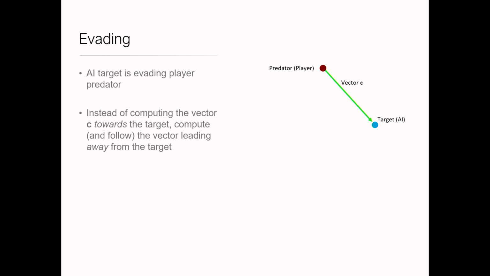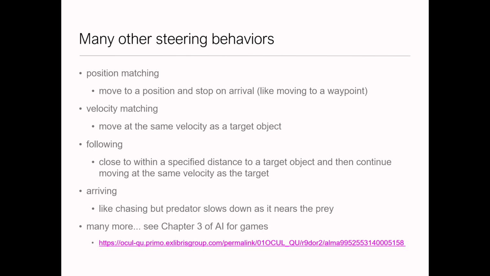If the predator is slower, then the prey is guaranteed to get away. Zigzagging, again, that's going to be a different type of steering behavior. That would be a completely other form of evasion, and you'd have to figure out how you would program that into your game.